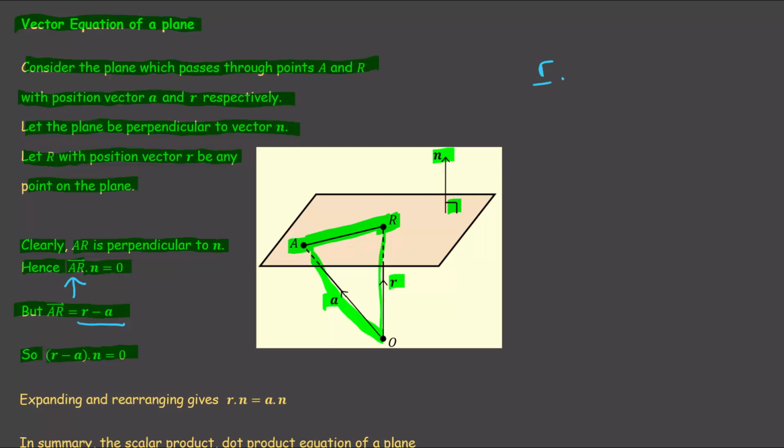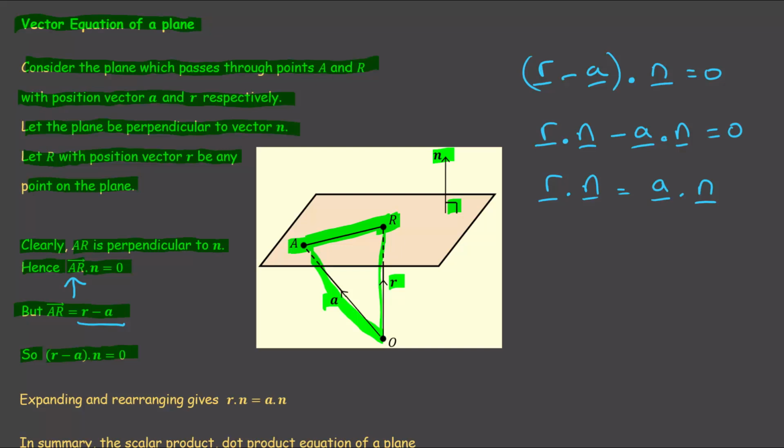Expanding gives us R dot N minus A dot N is equal to 0. And so R dot N is equal to A dot N.